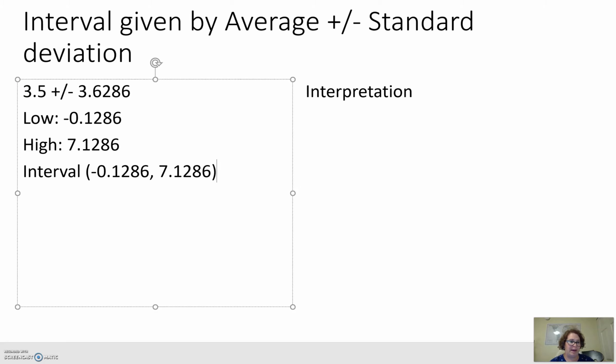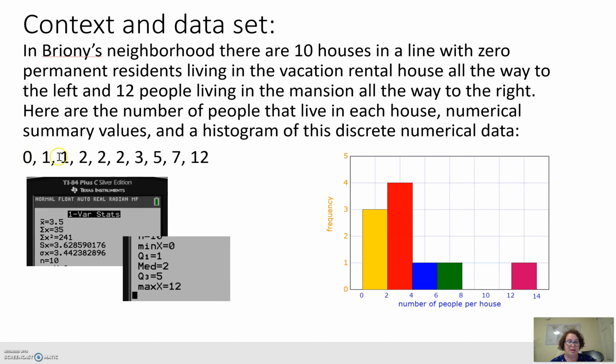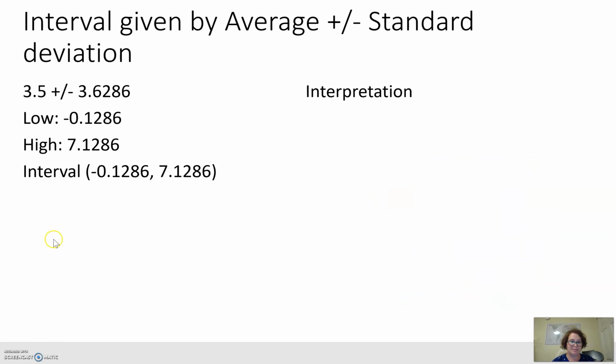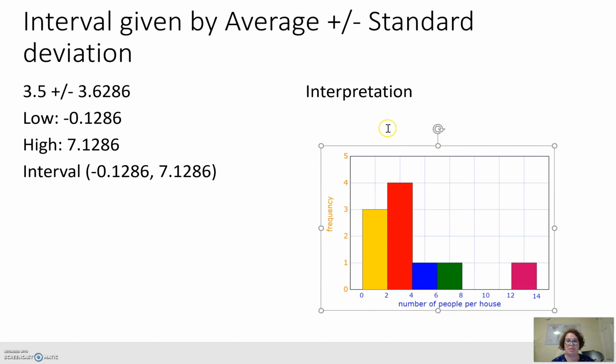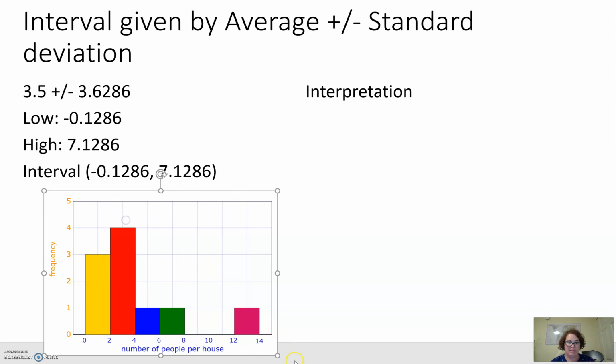Well, let's go back to both our raw data and our histogram. So if we go all the way back, this is our data, this is our histogram. I'll go ahead and copy them over so that we've got everything in one place. Here's what we can see on this.